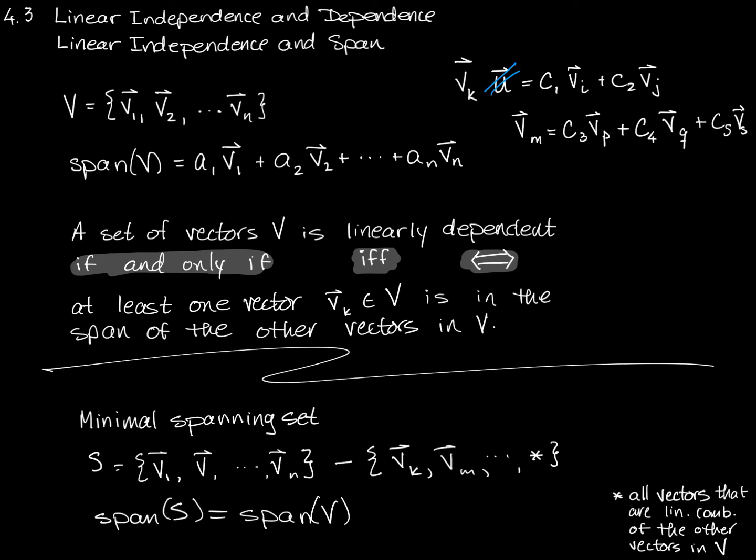These are equal. This assumes, of course, that we've removed all the vectors in V that are linear combinations of the other vectors. It turns out that there's a pretty easy way to determine a minimal spanning set of vectors. I'll take a look at that on the next slide.